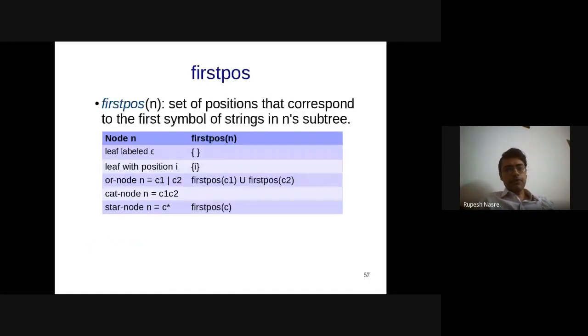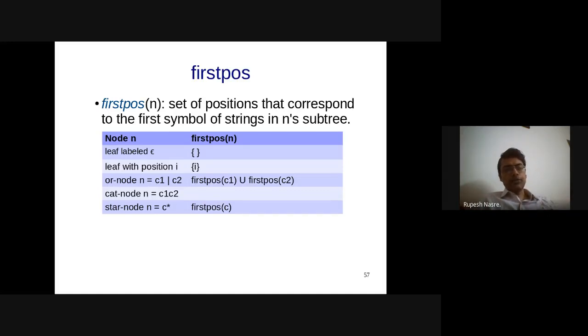For firstpos, for epsilon it is the empty set, but for the position i, we just add that particular position as the first position because that represents a particular character. But if it is an OR node, then we say that it is firstpos of C1 or firstpos of C2. For a star node, whatever is the firstpos of C is going to be firstpos of C star.